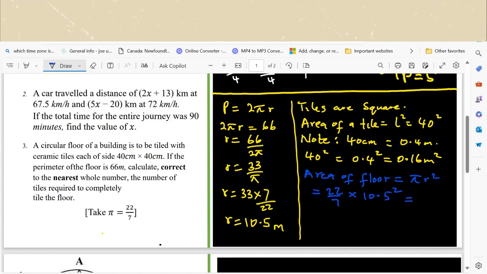So this is going to give us 2,425.5/7. So this is the area of the floor. And we are looking for the number of tiles required to completely tile the floor.